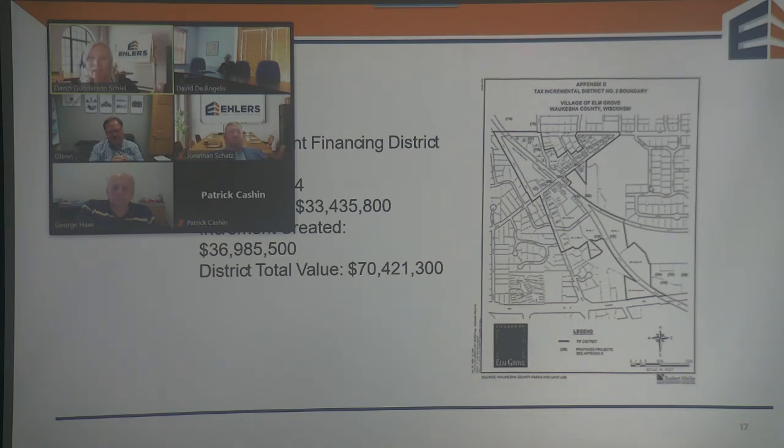But the other rule under a mixed-use district is no more than 35% of the geography, the area, can be for residential development. And while a multifamily might be assessed as a commercial property, the state views it as a residential living facility, and so they call that residential.